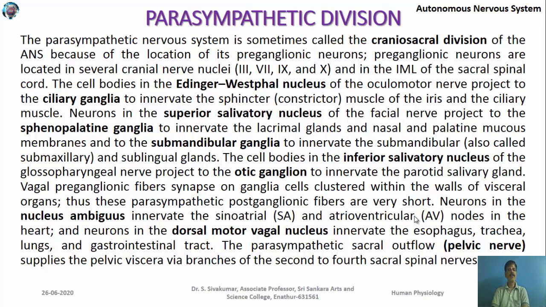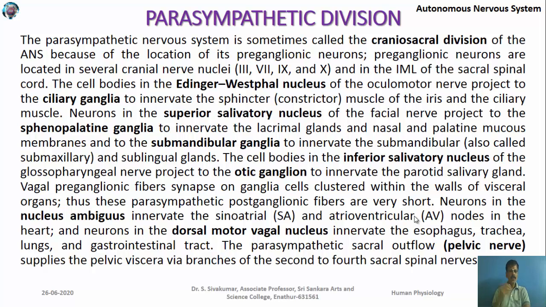The cell bodies in the Edinger-Westphal nucleus of the oculomotor nerve project to the ciliary ganglia to innervate the sphincter, constrictor muscle of the iris and the ciliary muscle. That is, the ganglion nerve is going to innervate the ciliary muscle of the eye so that you can control the movement of the iris.